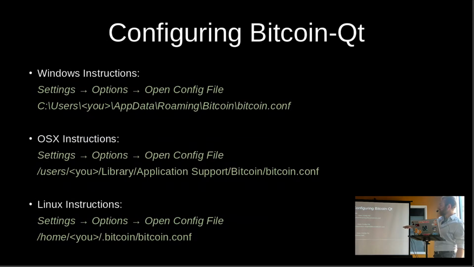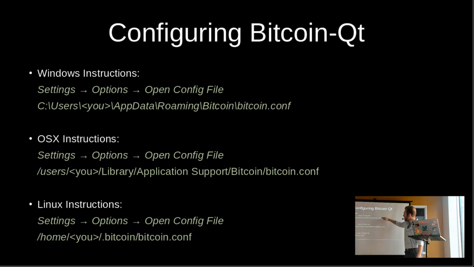If you get to this section, let me know when you're ready to go over these instructions for opening the config file through the interface. I also put the default location for the Bitcoin config file, in case you can't access the GUI and want to do this through the command line.